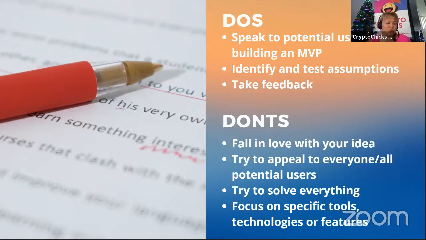And also what you do not do is try to appeal to everyone. When we look for the support, when we look for the validation of our idea, sometimes we turn to our friends, to our relatives, and we tell about this idea. It is a big mistake because they are not your target audience. You never ever talk about your idea with someone who is not your target audience.